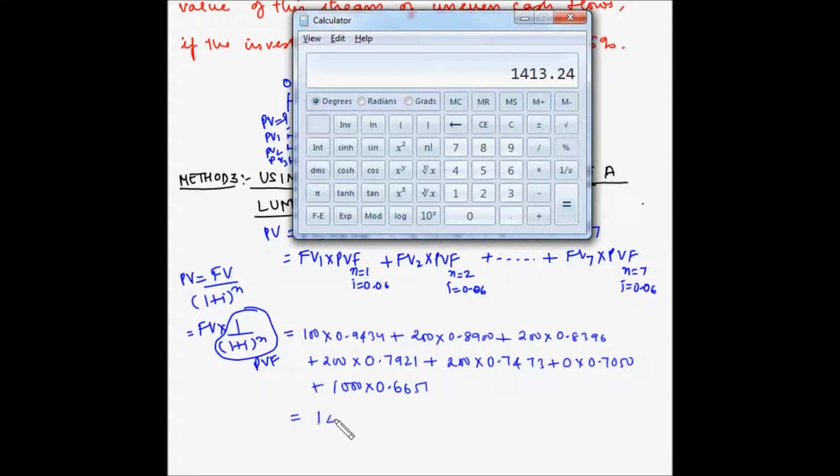So the answer is 1413.24 rupees. Now in the first and second method, the answer we got was 1413.19 rupees.